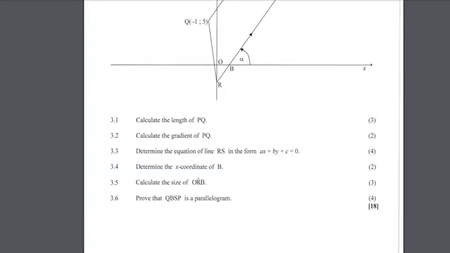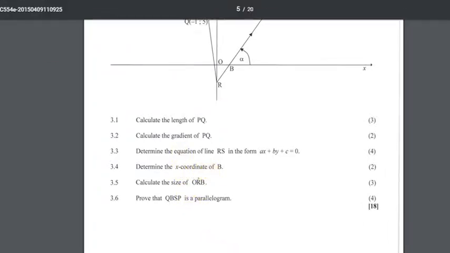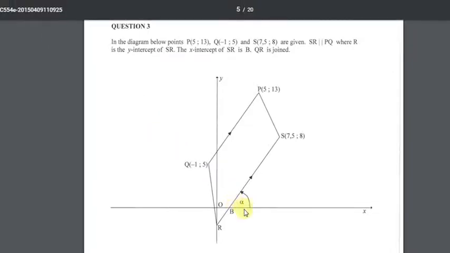Question 3.4 is determine the x-coordinate of B. So where does this line RS intersect the x-axis? And it's going to intersect the x-axis when y is equal to 0. The x-axis is the line y equals 0.